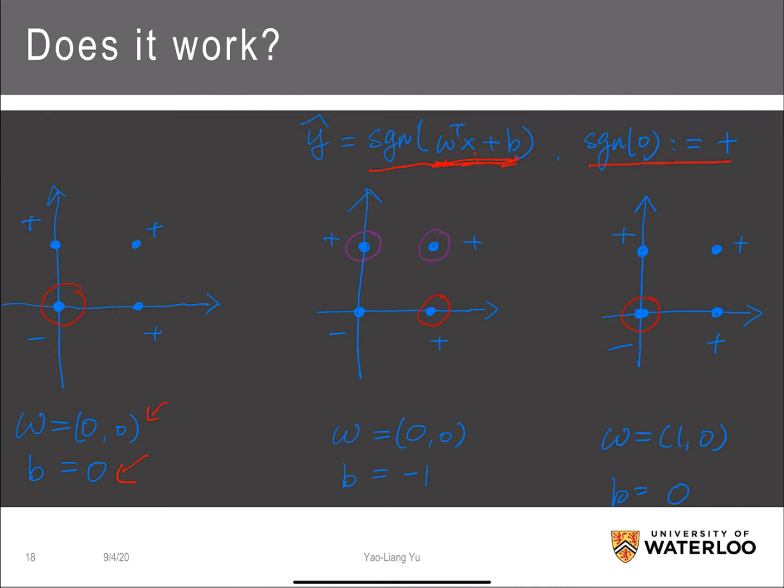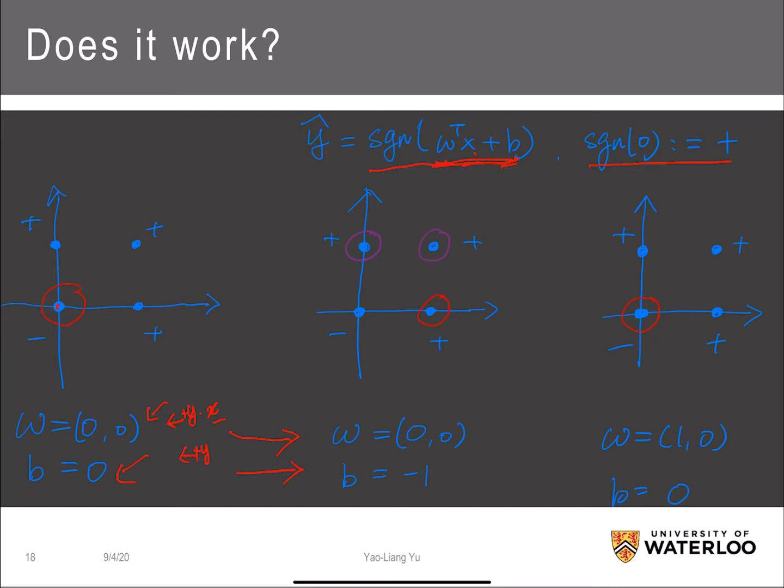But of course I will make a mistake on this point because this point is not positive. The true label is negative. So I make a mistake, and according to the perceptron algorithm, I have to update W and B. The way I update is by adding Y times X to W and adding Y to B. Because X is 0, I'm not going to change W, but Y is negative, so B will change to -1.